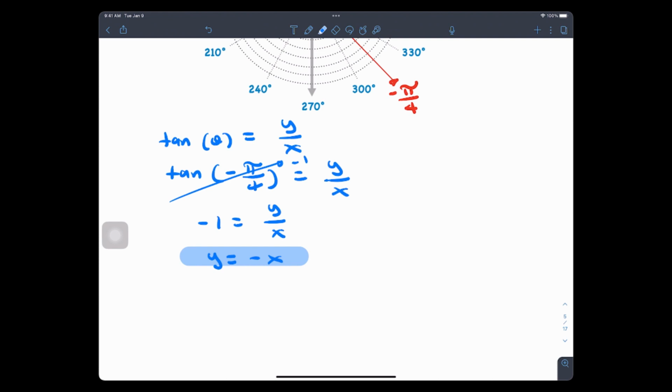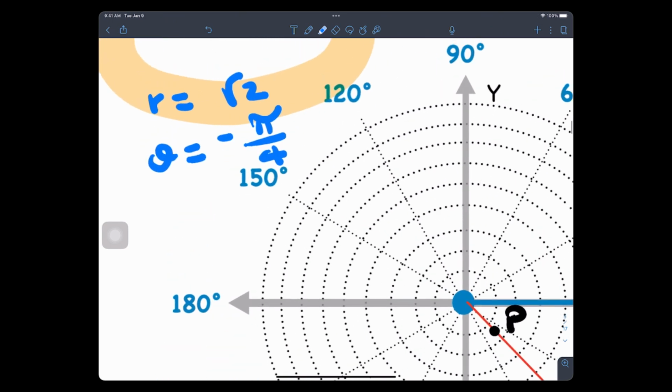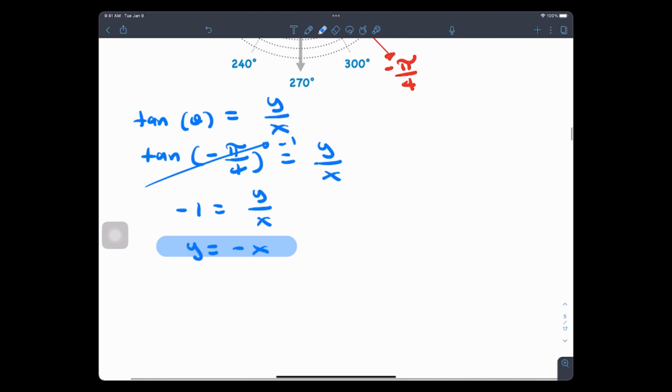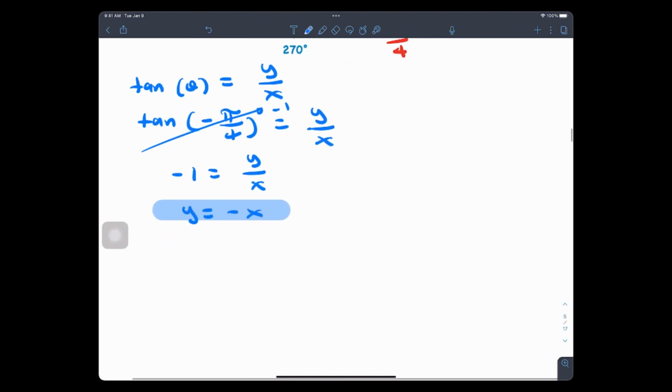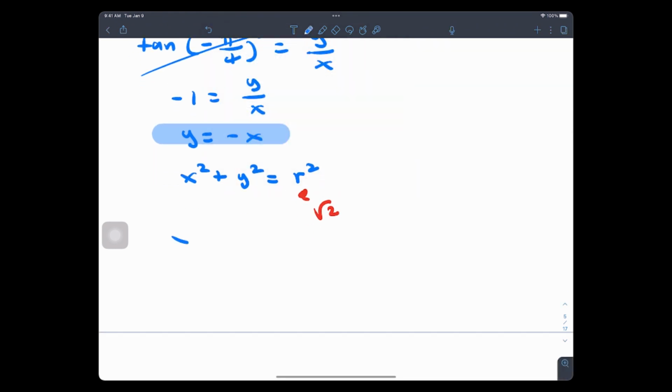Right? We're going to have to plug that in because, what's our radius here? Square root of 2. Okay. X squared plus y squared equals r squared, where your radius is the square root of 2. There we go.